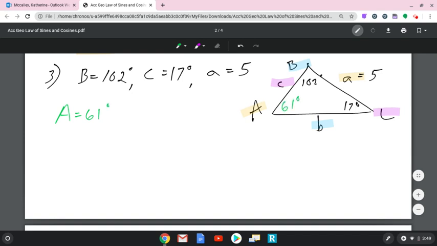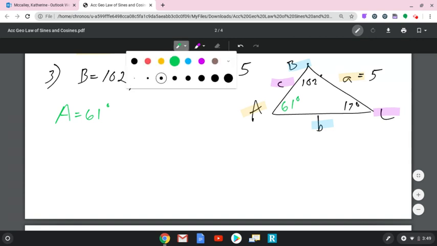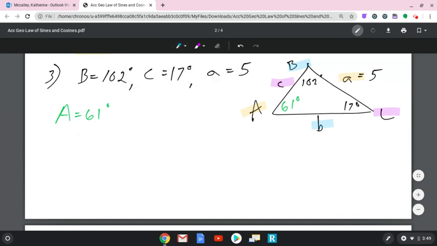Now I can say, okay, what do I know? What ratio do I visually see now? I have both my A's, my side length a and my angle A. So I'm going to use that ratio, 5 over sine of 61, to find one of my other letters.